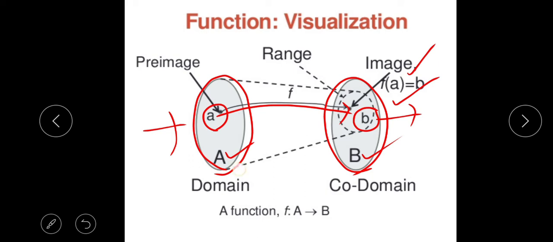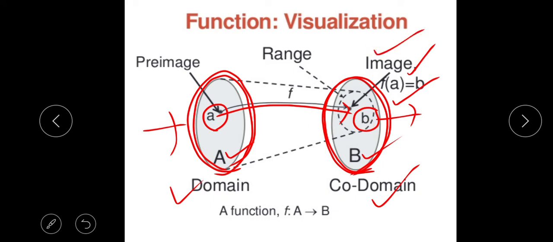Therefore, the whole collection A is called the domain and the whole collection B is called the codomain. And here small b is called the image. The set where all the images lie is called the range.